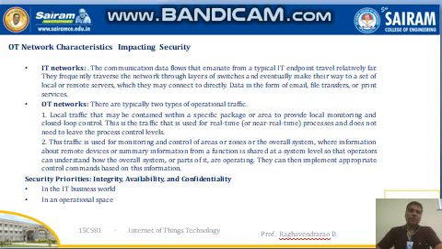But in the case of OT networks, it is different. In the OT, operational technology environment, there are typically two types of traffic. The first is local traffic that may be contained within a specific area to provide local monitoring and closed loop control.